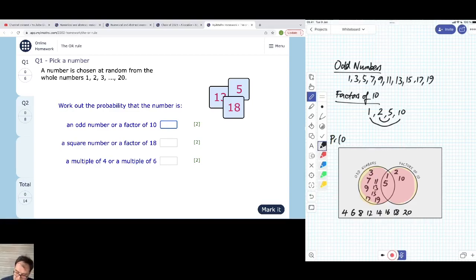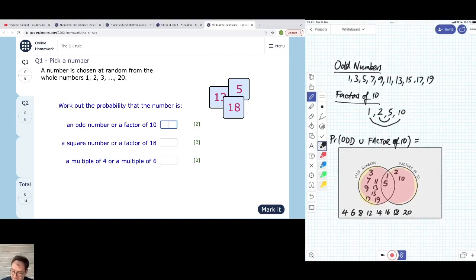Probability odd or factor of 10. I can use the union symbol. Odd union factor of 10. So the probability that it's in either of those groups or both is the union of the two sets.